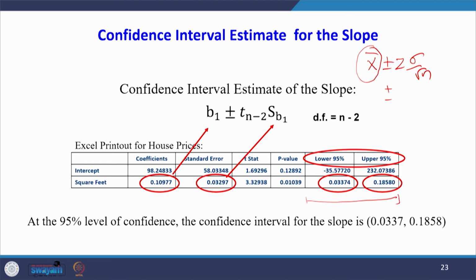So, the actual value is 0.10, but it can be lowered down to 0.03 and it can be increased up to 0.18. So, at the 95% level of confidence, the confidence interval for the slope is 0.0337 and 0.1858, taken from here.